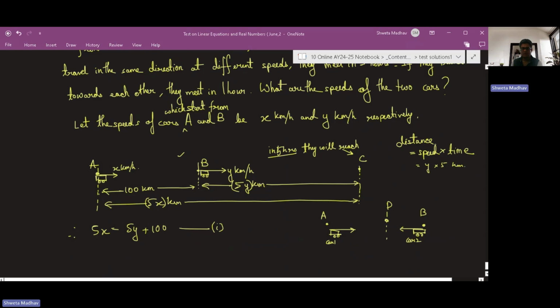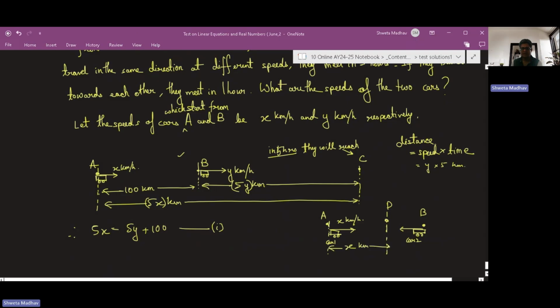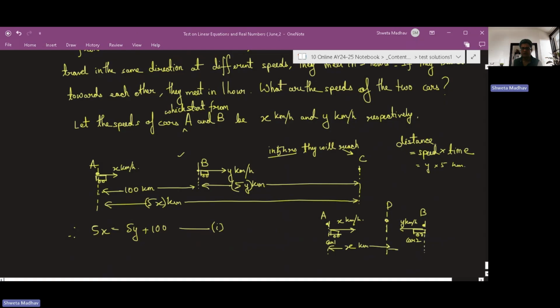The speed of the car 1, we know that it is x kilometer per hour. So in 1 hour, it will cover a distance of x kilometer. So the length AD is x kilometer and the speed of car 2 is y kilometer per hour. So in 1 hour, it will travel y kilometer only. So the length BD is y kilometer.